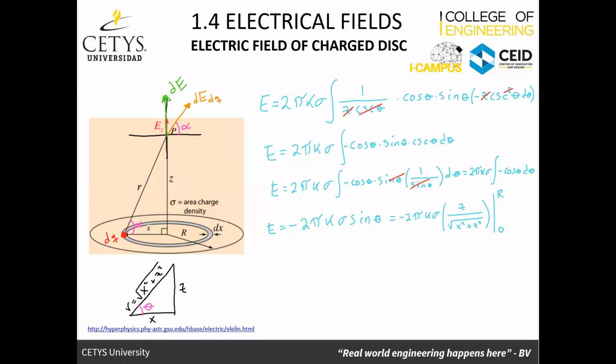And what we're going to have is the following. Substituting the two intervals, we're going to have that E is equal to minus 2 pi k sigma. Substituting the first interval, we're going to have z divided by the square root of x squared plus r squared.